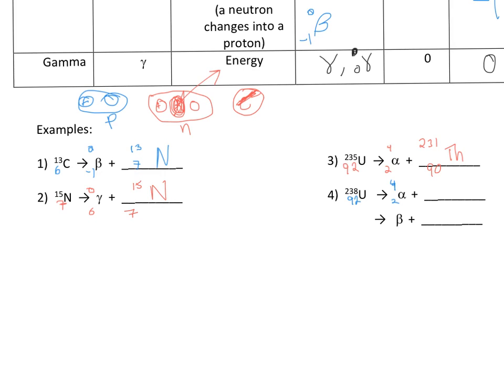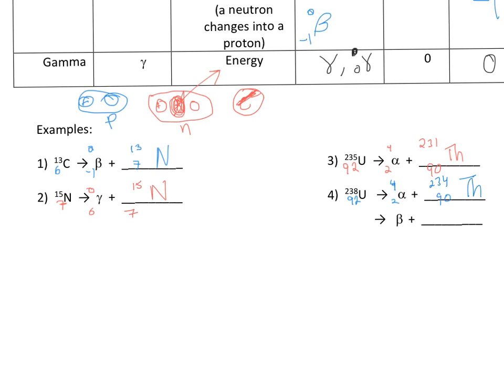The answer is 90 again. And then for the mass number, what number plus 4 is equal to 238? The answer is 234. And then we look up the element, and atomic number of 90 would be thorium again.